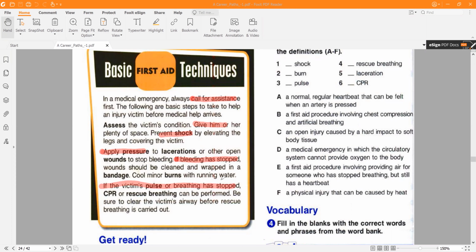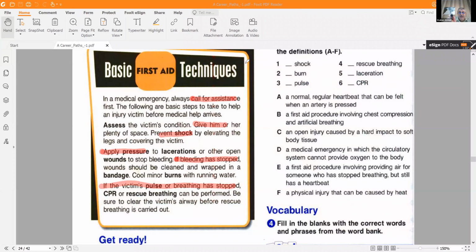Okay, so if you look here at the red lines, we have what's called imperative verbs and if conditionals. Imperative verbs, أفعال الأمر. So in a medical emergency, call for assistance. This is an imperative verb.